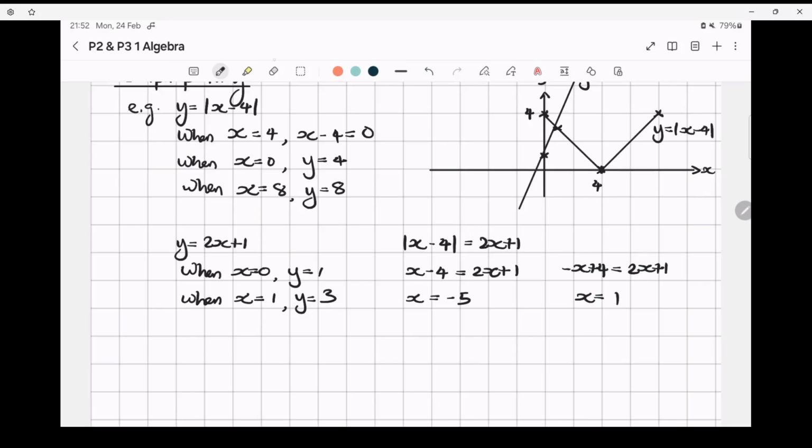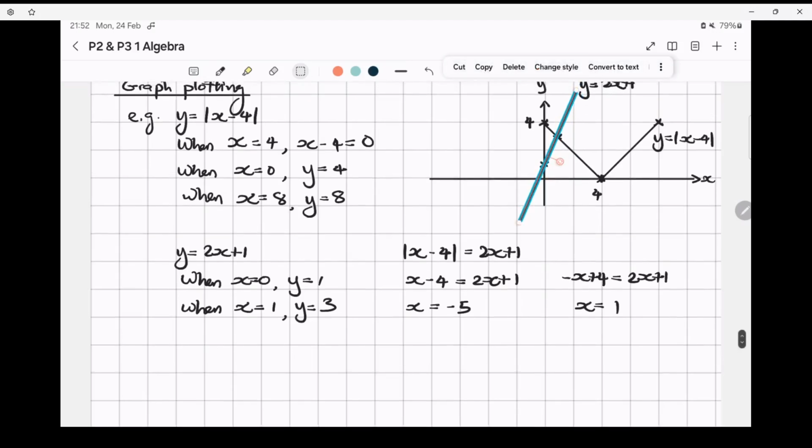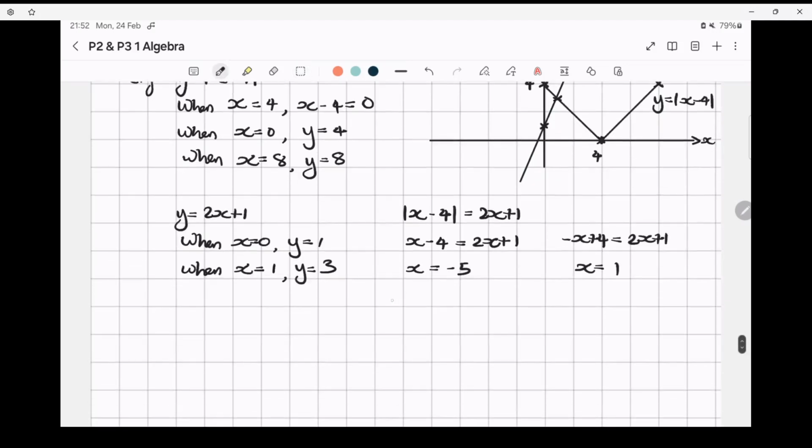So as you can see, you have 2 solutions, but you know that one of the solutions is not the answer, because when you check your answer, minus 5 minus 4 is 9.